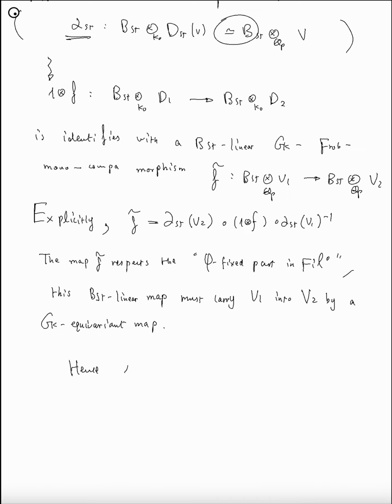Hence, this f tilde is the B_st scalar extension of some j from V_1 to V_2 on the representation side.